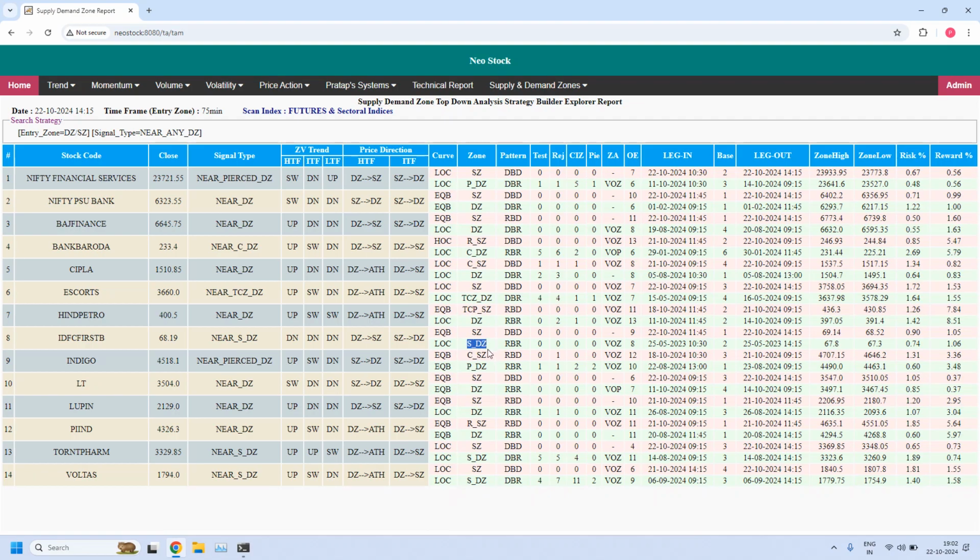IDFC First Bank, this is the second stock. Toronto Pharma is the third one. Voltas is not valid because it is a pierced zone. So total we identified 3 high liquidity 75 minutes demand zones from this list.